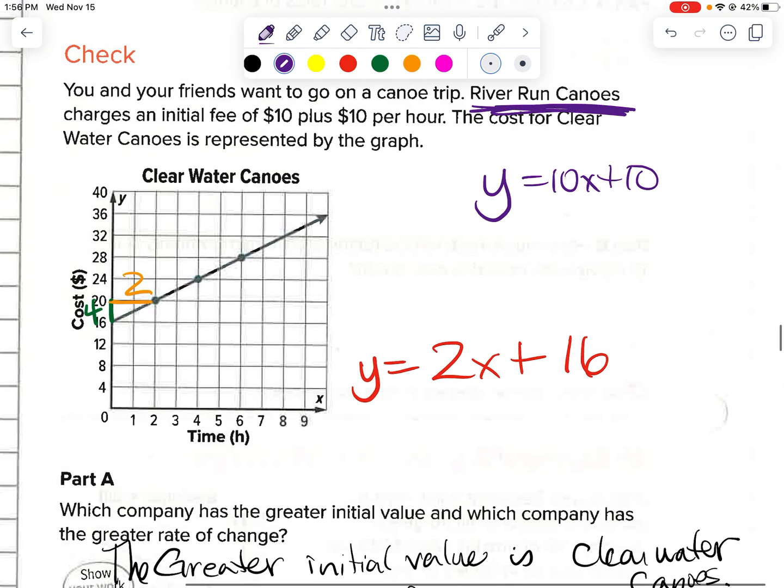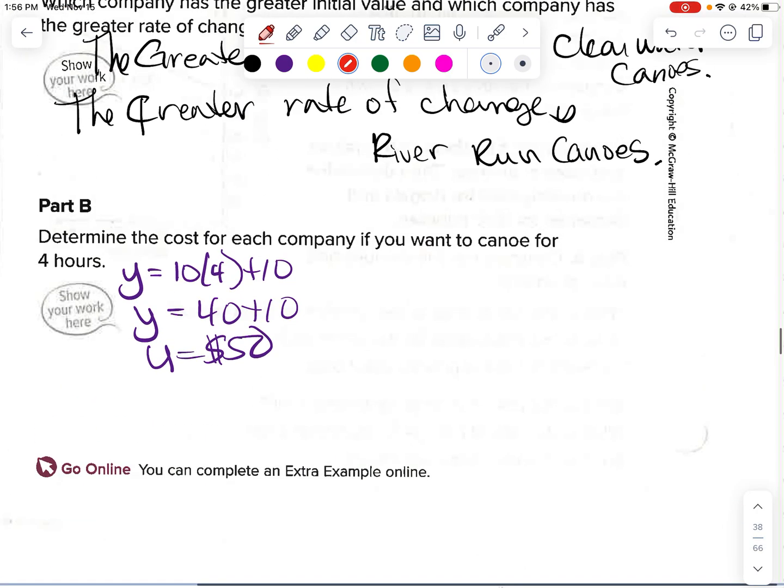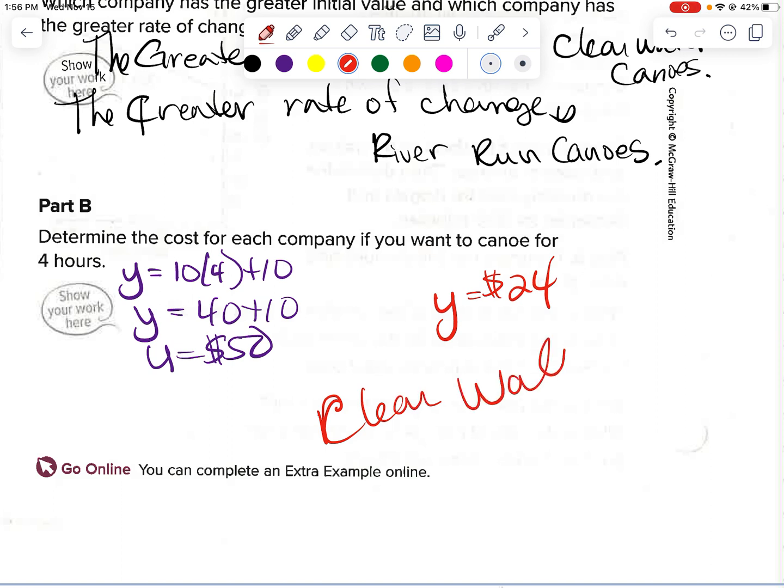If I look here, 4 hours is right here, so $24. So Clearwater Canoes is cheaper.